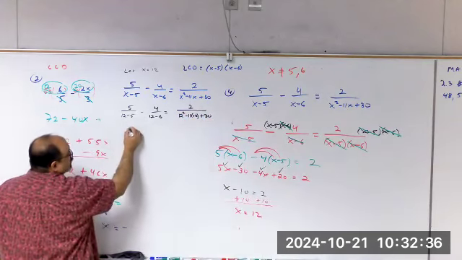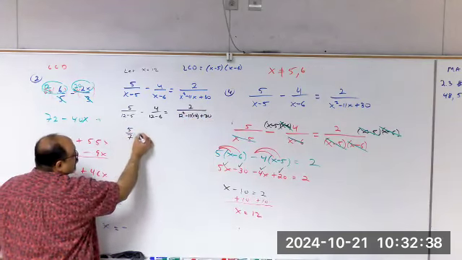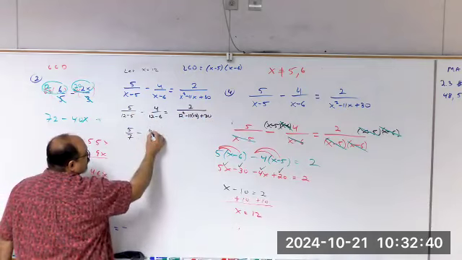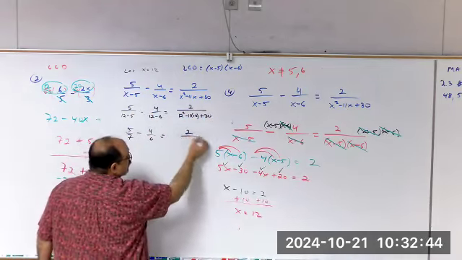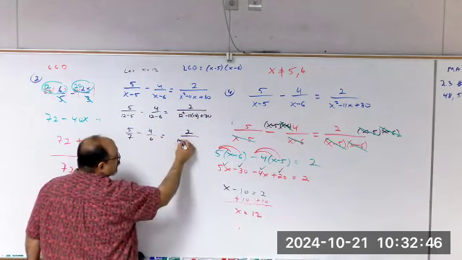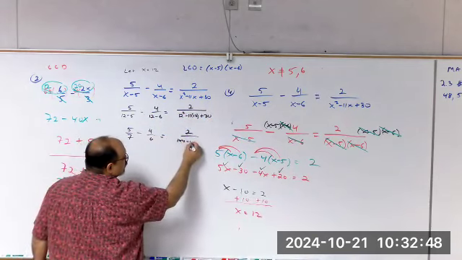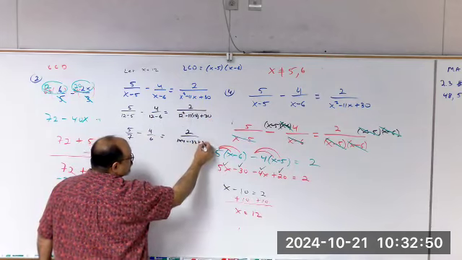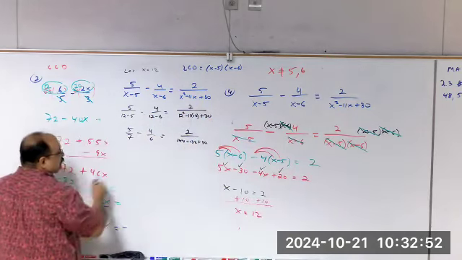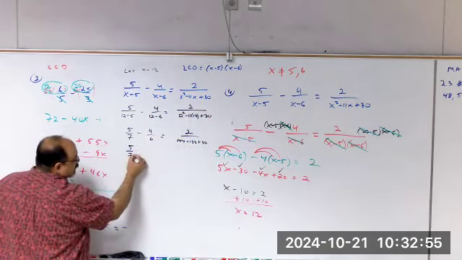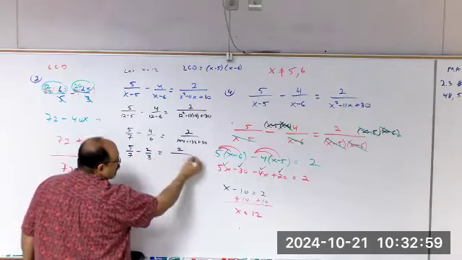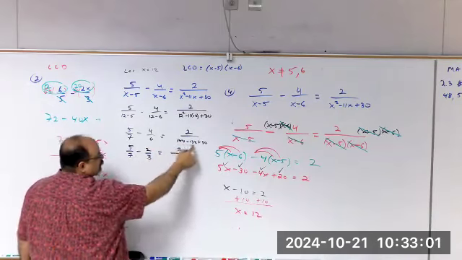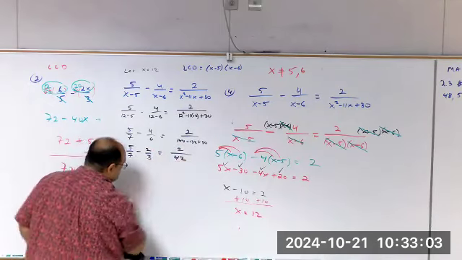So this is 5 over 7 minus 4 over 6. And that's supposed to equal 2 over 144 minus 132 plus 30. So this is 5 over 7 minus 2 over 3 equals 2 over, that's 12 plus 30, so 42.